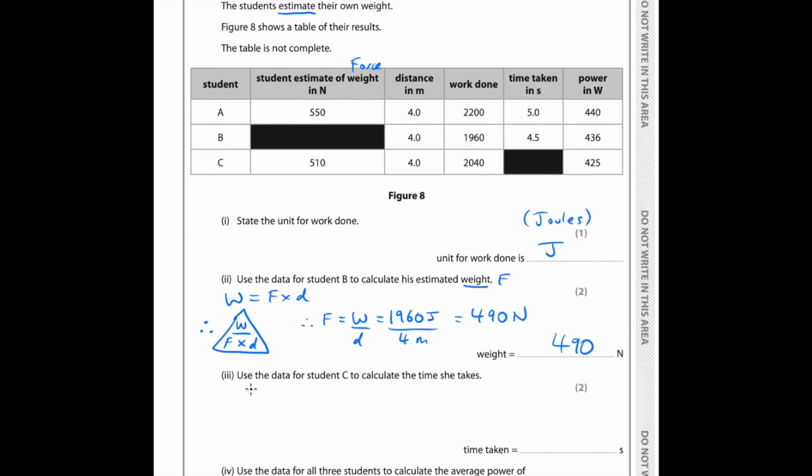Part 3. Use the data for student C to calculate the time she takes. Okay, so they've given us the power P, time taken T, and the work done, which we said was W for work done before, or you could say it's E for energy transferred, because energy transferred equals work done. The equation we need is power equals energy transferred divided by time taken.